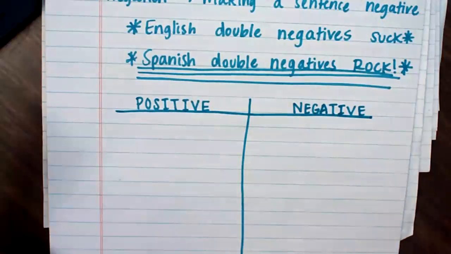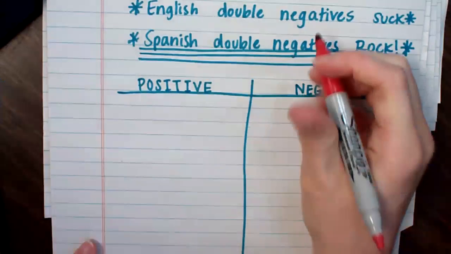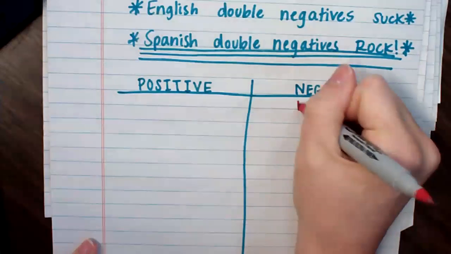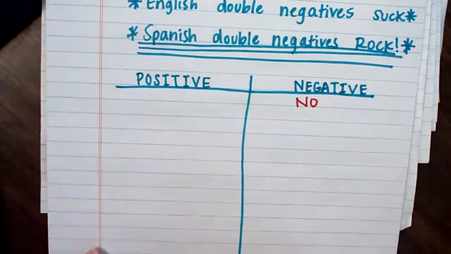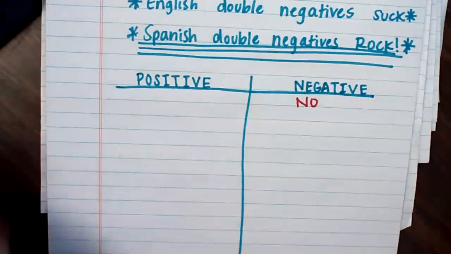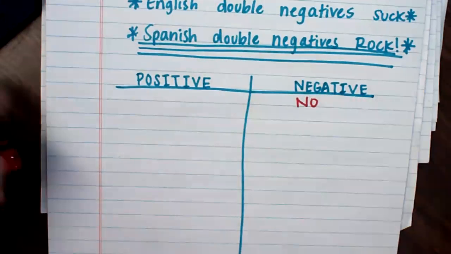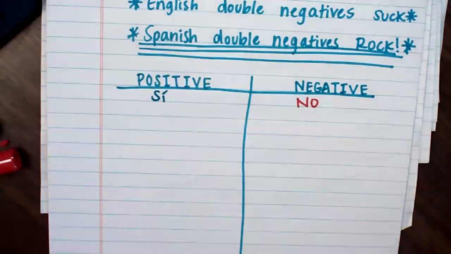So I'll write my negatives in red and the positives in blue. So the first like super easy negative is no. You guys know that one. And the positive equivalent of no is yes.